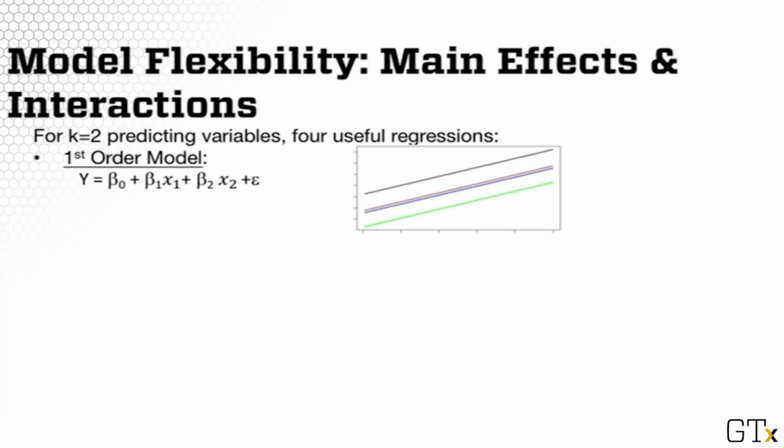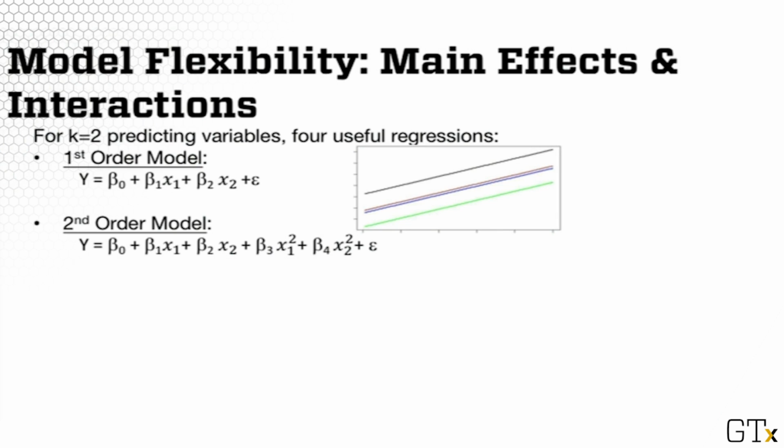The linear in linear regression refers to fitting the response as a linear function of the observed data, but it doesn't necessarily mean that there is a linear relationship in the individual predictors. In fact, we can extend this model to a second-order model where we include also the square of the predictors. So we include x1 squared and x2 squared as additional predictors.